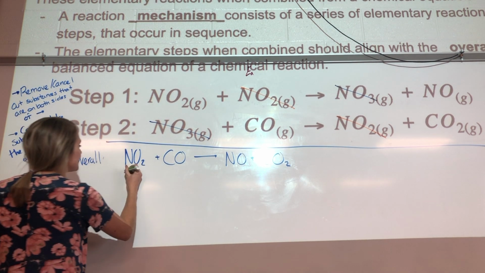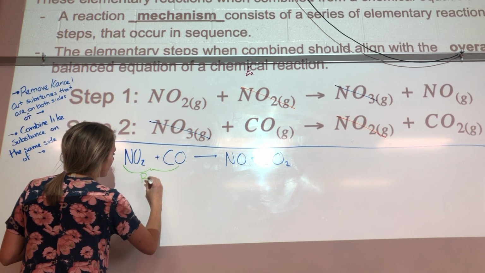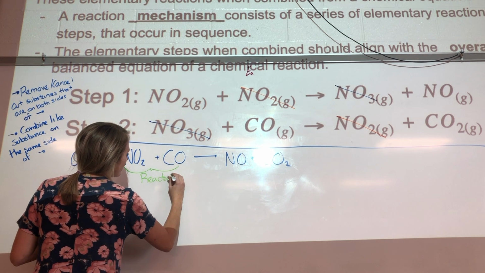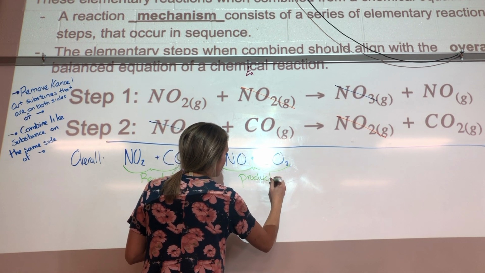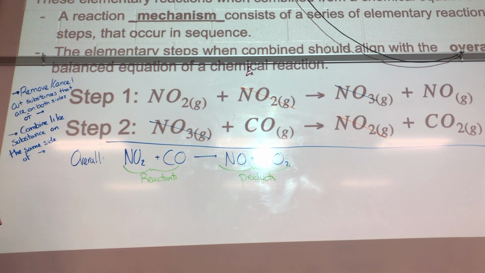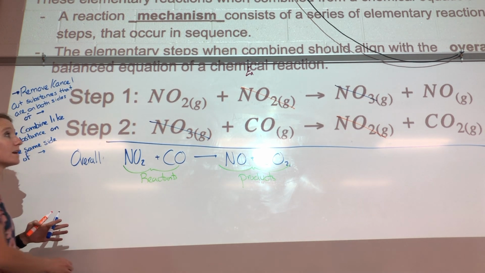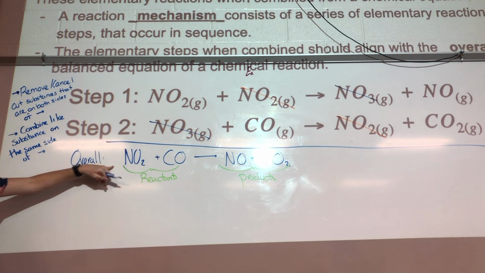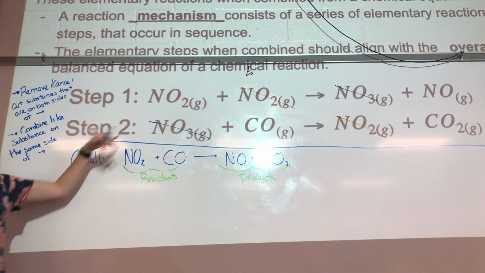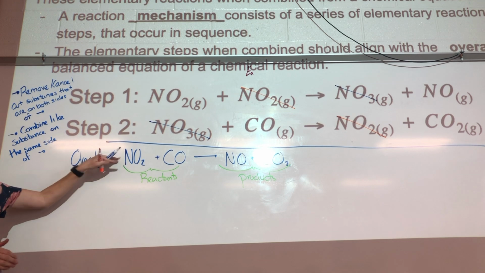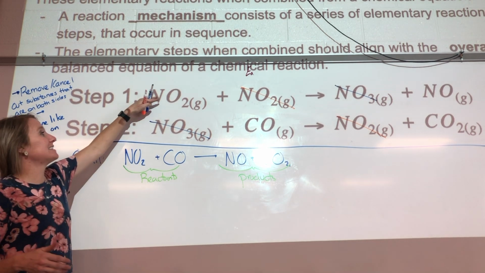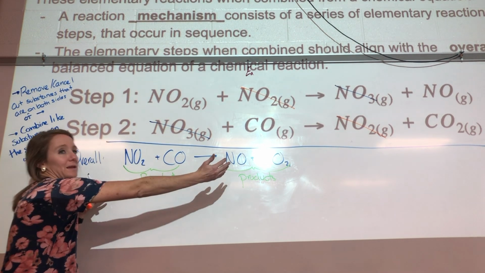So these are the reactants of the overall. And these background reactions would happen more likely than the overall reaction. The overall could happen. It's just that it probably has a higher activation point than these background reactions. In order for this to happen, these both happen first, actually. Okay. Does that make sense? So we look at it like this, but really it does this and then it does that. And then that's how we get this.